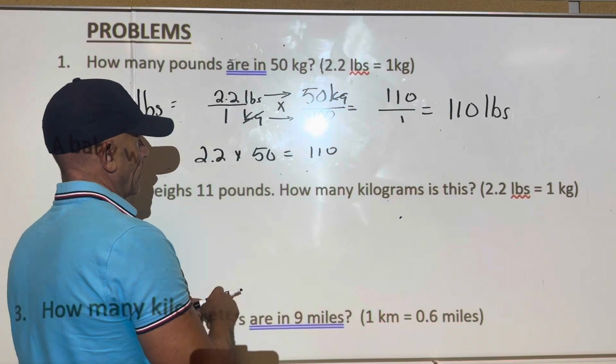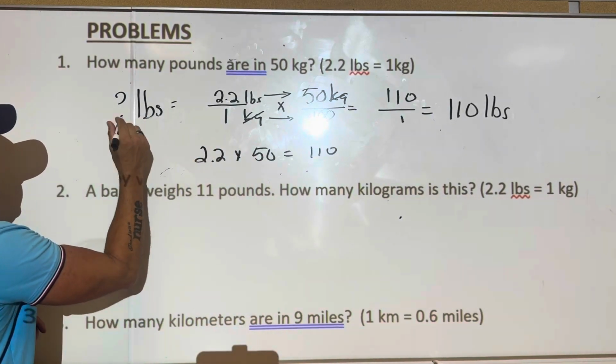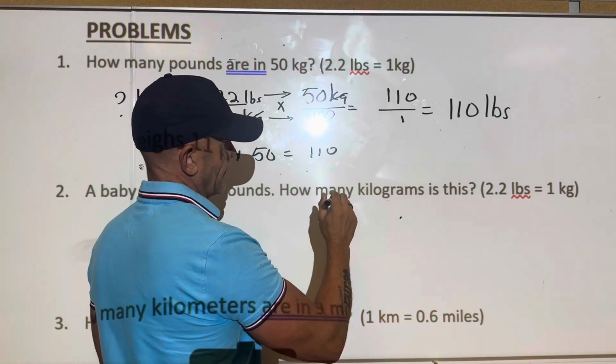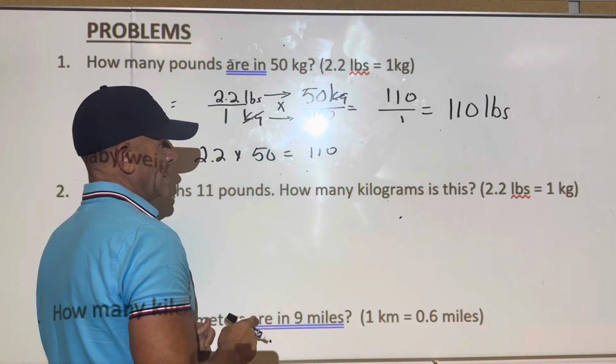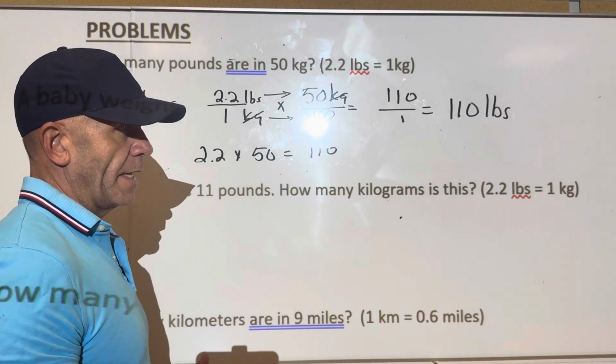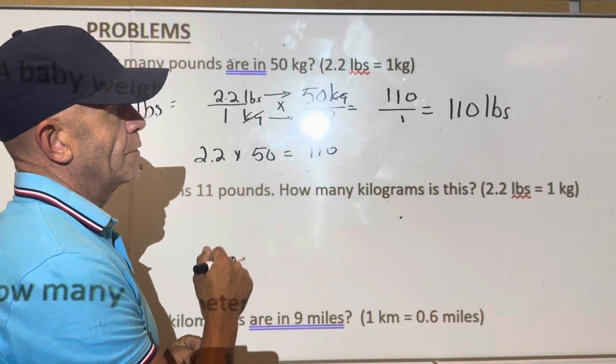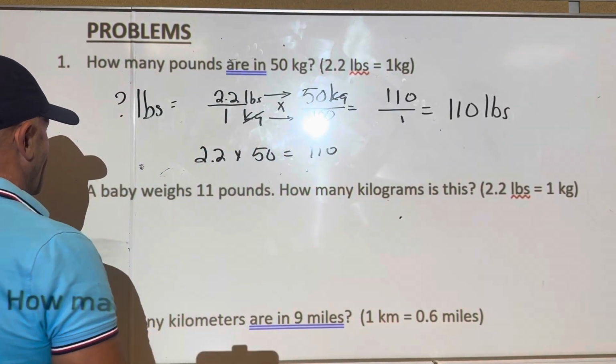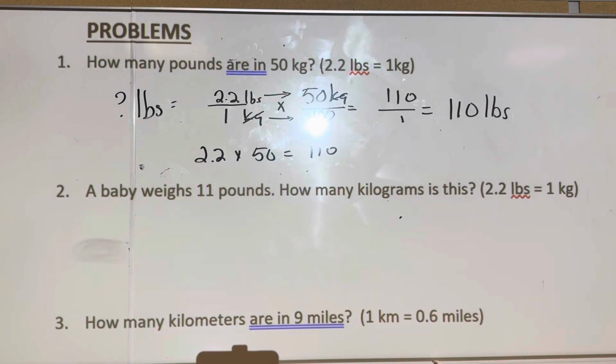Remember I told you, when we're looking for pounds, we take the kilograms times 2.2. If we're looking for kilograms, we divide the pounds by 2.2. All right, so this is the next one. A baby weighs 11 pounds. How many kilograms is this?